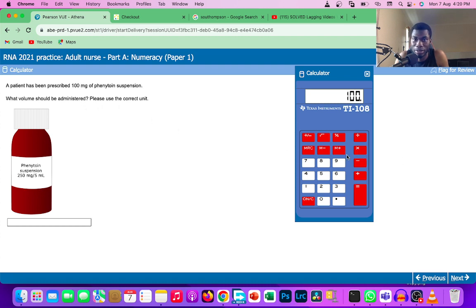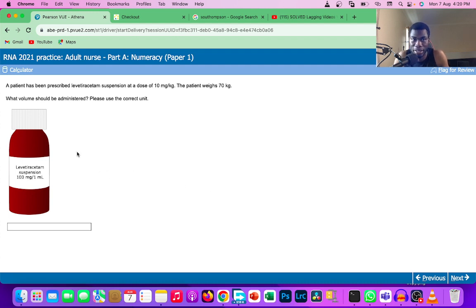So you're multiplying by 5 to give you 500. Now you divide it by what? 250. Always make use of a calculator, and that will give you what? 2. So what it means is that the patient is going to take 2 mils. You leave space, small letter and then capital letter, and go your way.